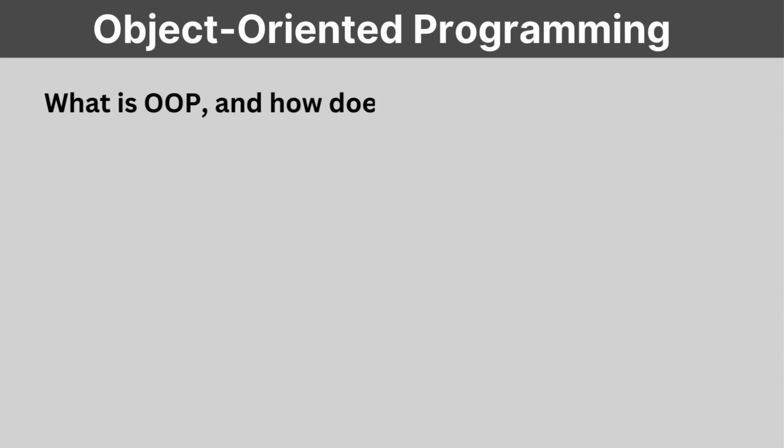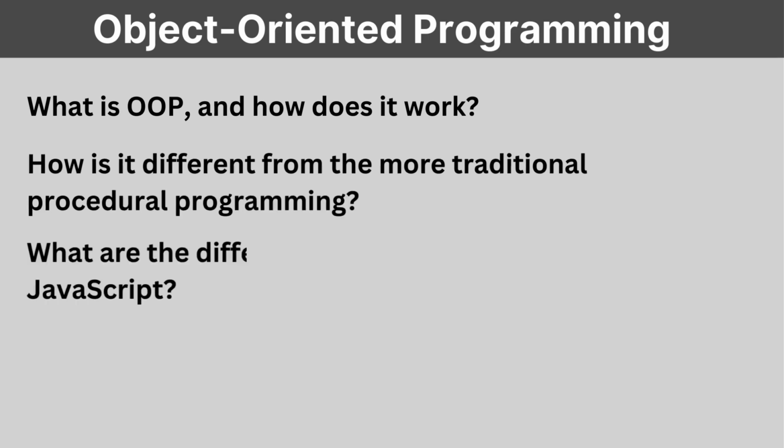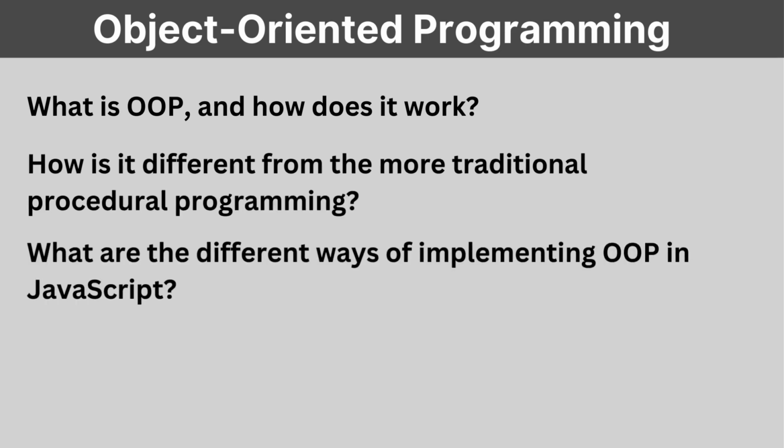But what is OOP and how does it work, and how is it different from the more traditional procedural programming, and what are the different ways of implementing OOP in JavaScript? These are some questions that we are going to answer in this video.